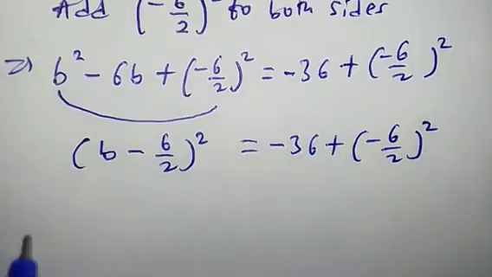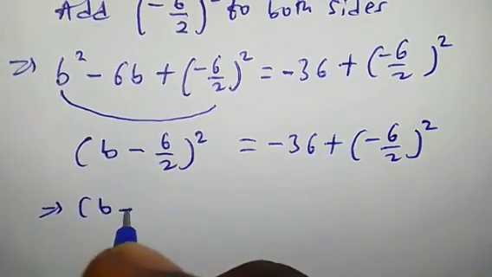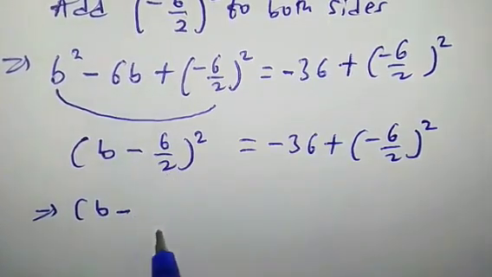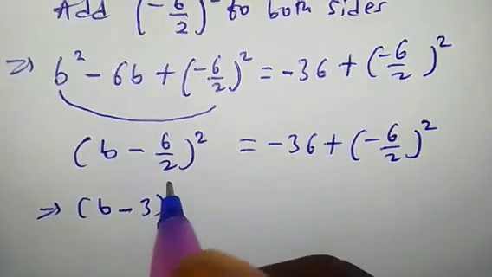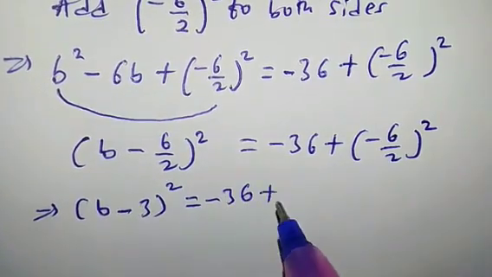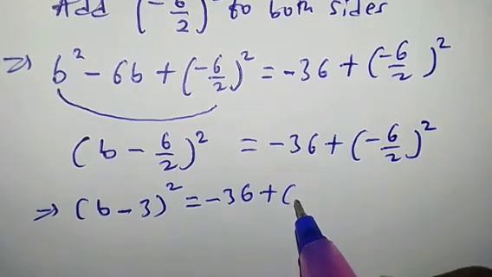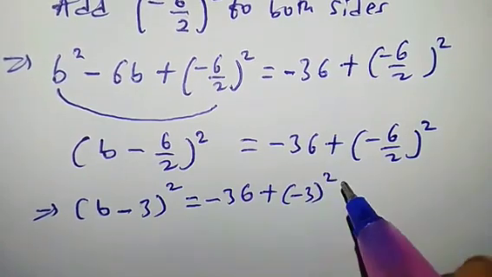This means that we have b minus 6 divided by 2, that is 3, all squared, equal to minus 36 plus minus 6 divided by 2, that is also minus 3, all squared.